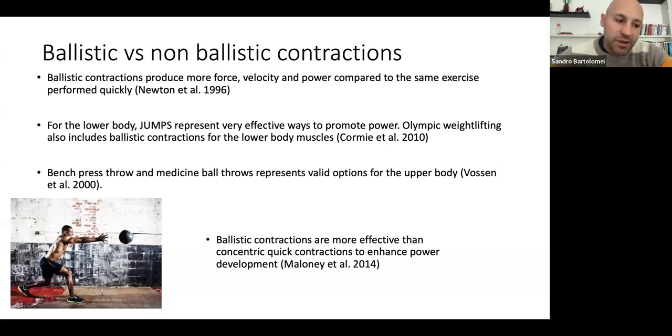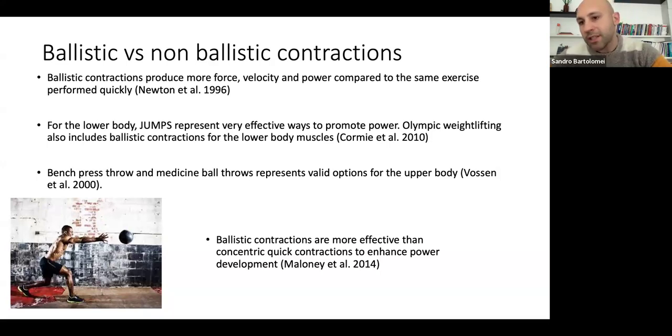If we want to increase the performance of power, we need to include that kind of exercise at the beginning of the training session, as typically happens in mixed session periodization. Do you remember? When we organize the exercises and the training strategies into a mixed session periodization, each workout starts with power training.